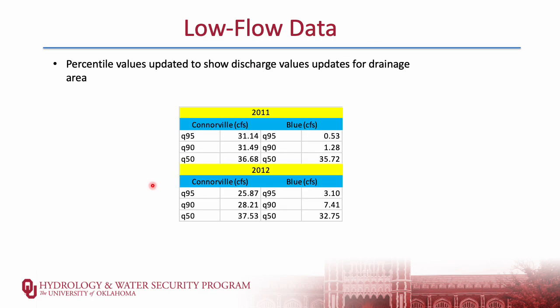And if we move on to the next slide, this is showing the low flow data, the percentiles, after they've been converted back into just cubic feet per second instead of cubic feet per second per square mile. You can see here that the Connerville location is actually a lot higher than the Blue, Oklahoma location, even without the drainage area being canceled out.